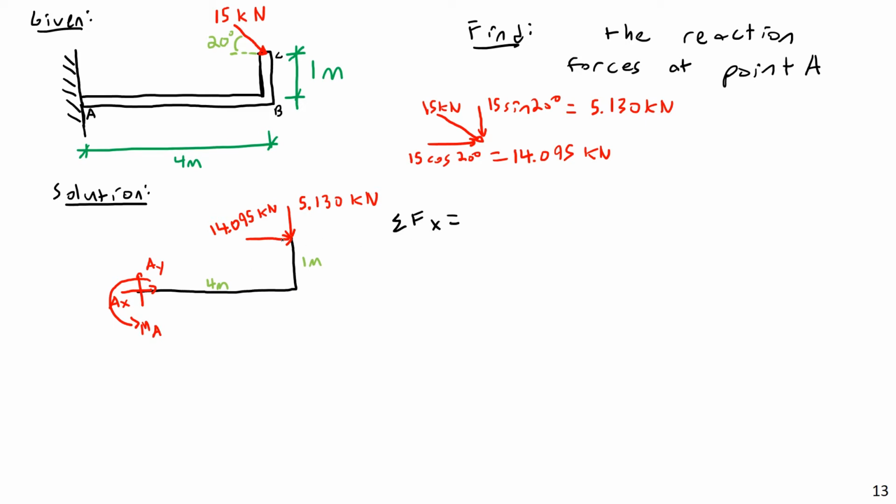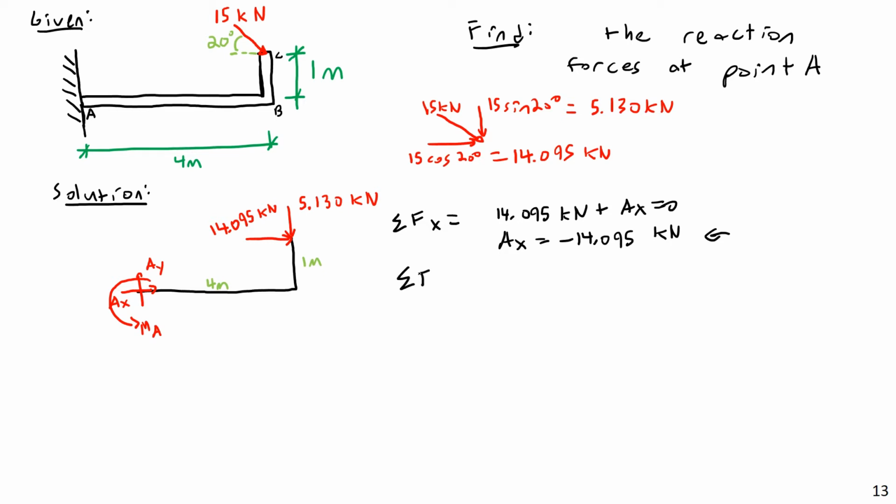In the X direction, I will have 14.095 kilonewtons, the horizontal component of the applied force, plus AX equals 0, and so therefore AX is negative 14.095 kilonewtons, or 14.095 kilonewtons, pointing to the left.